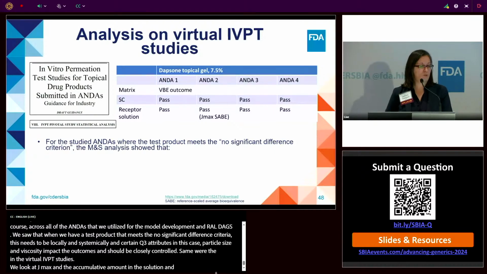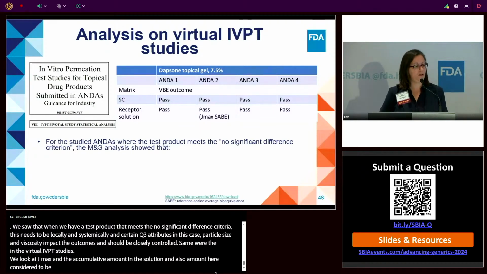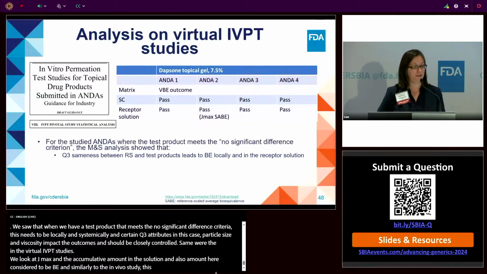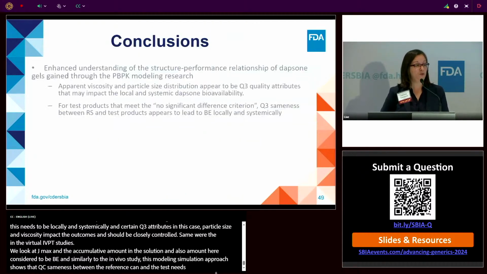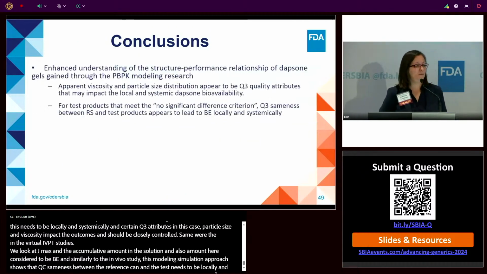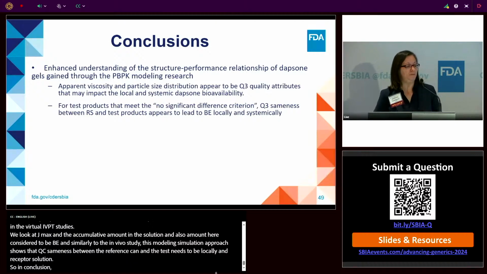All of these ANDAs were found to be bioequivalent, and similarly to the in vivo study, this modeling and simulation approach showed that Q3 sameness between the reference and the test leads to BE locally and the receptor solution. So in conclusion, this modeling approach improved our understanding of the structure-performance relationship of Dapsone gels.